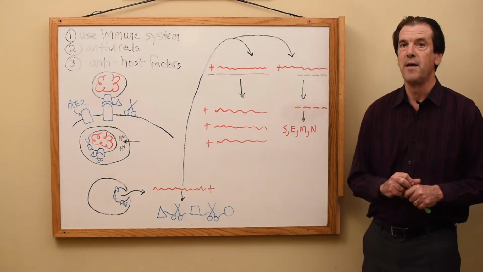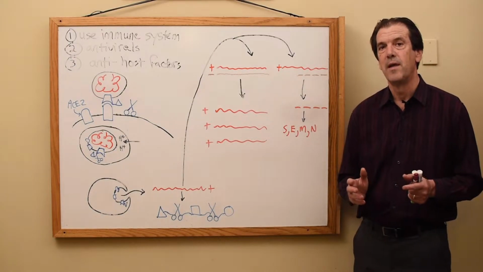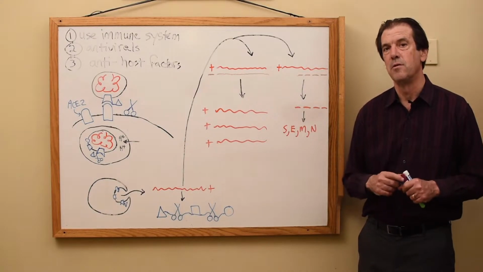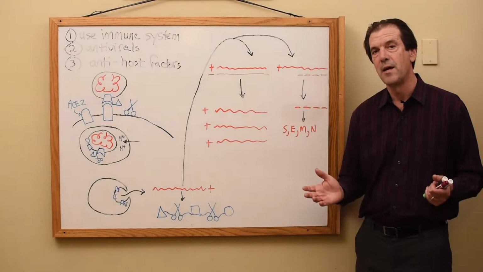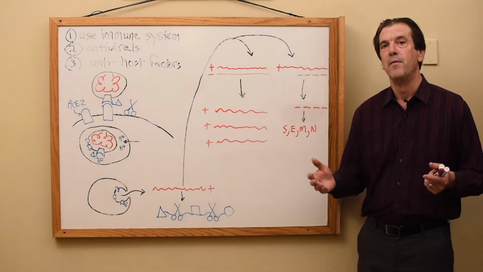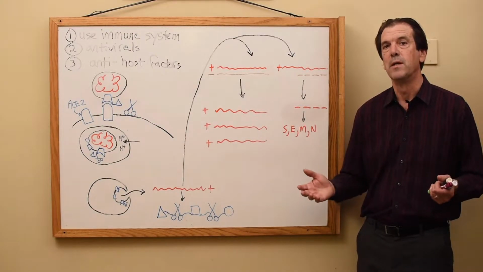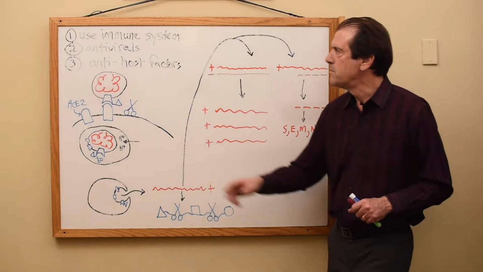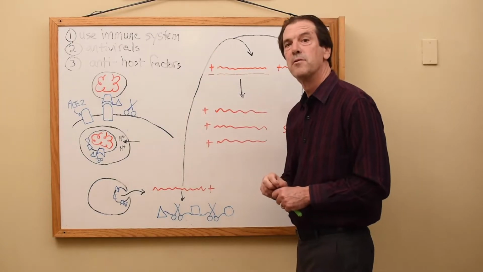In lecture 5, I focused on therapies that involve engaging the immune system, either passive immunization or vaccination. In this lecture, I'm going to describe the other various approaches that one can take to blunting the progression of viral infection. And so we've already covered the immune system in lecture 5.